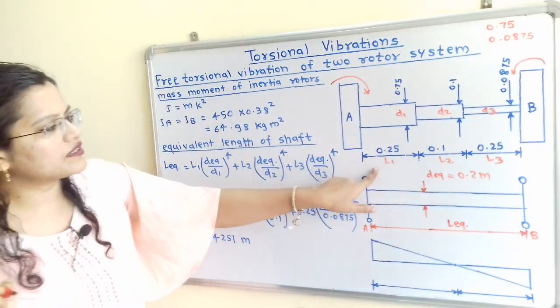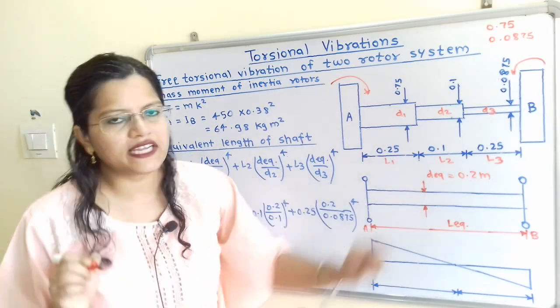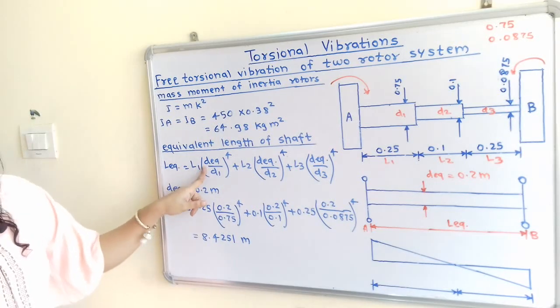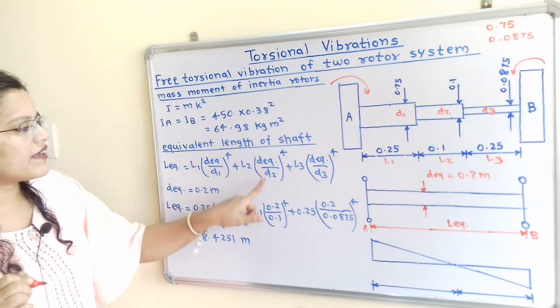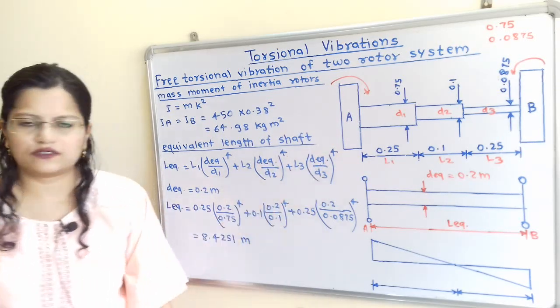So we have to consider these three lengths, three diameters, and this is assumption D equivalent. And L equivalent is equal to L1 in bracket D equivalent by D1 raised to 4 plus L2, D equivalent by D2 raised to 4 plus L3, D equivalent by D3 raised to 4.